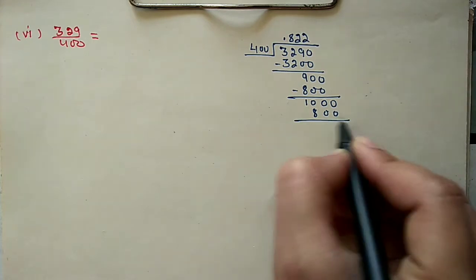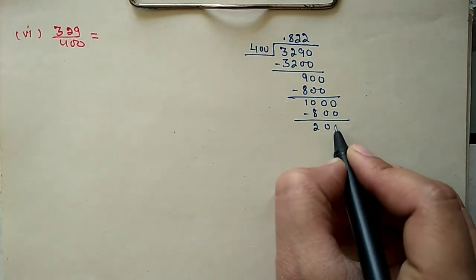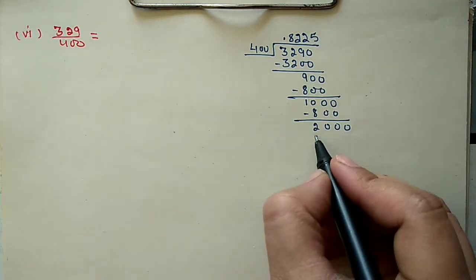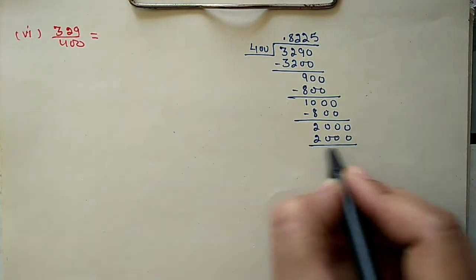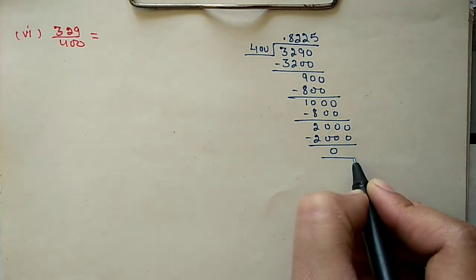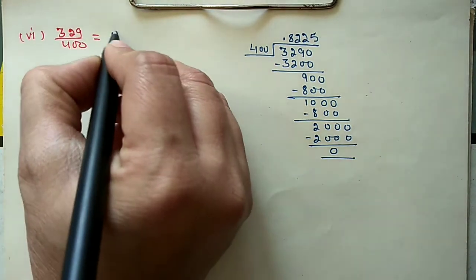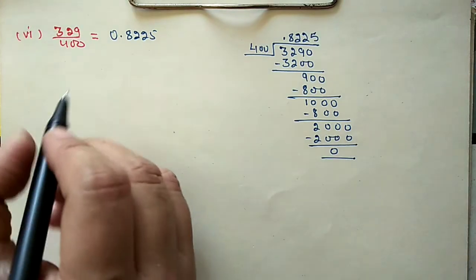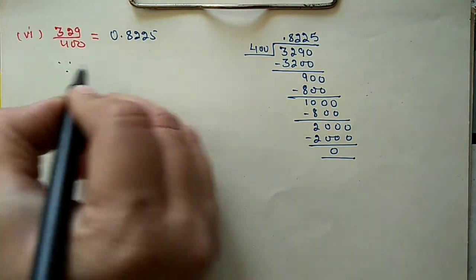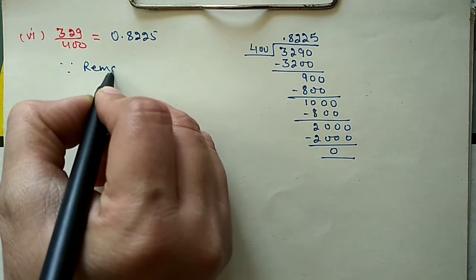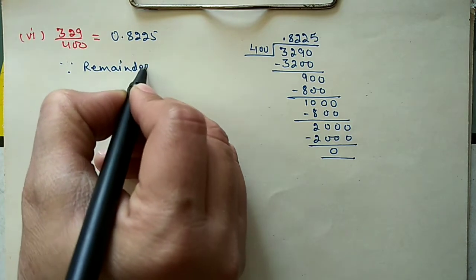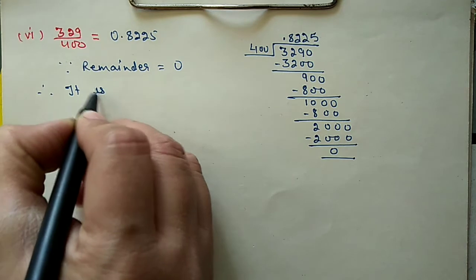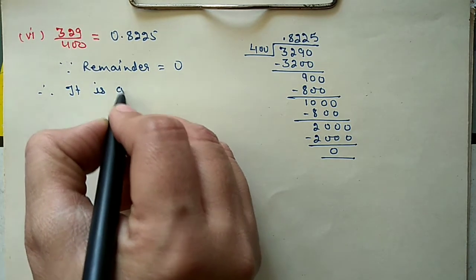Then 2 we will get as remainder, one more 0, and it will go 5 times, so 20. So finally we are getting remainder as 0. This we can represent as 82.25. Because the remainder is equal to 0, therefore it is a terminating decimal number.